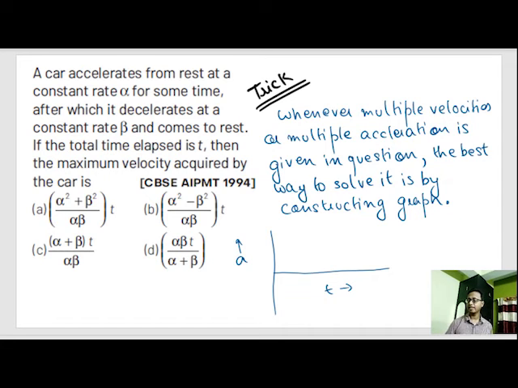A car accelerates from rest, which means the initial velocity is 0. The car starts from rest at a constant acceleration for some time, so the acceleration a is constant for some time, and the value of that acceleration is alpha. After that it decelerates at a constant rate of beta. Deceleration is nothing but negative acceleration.